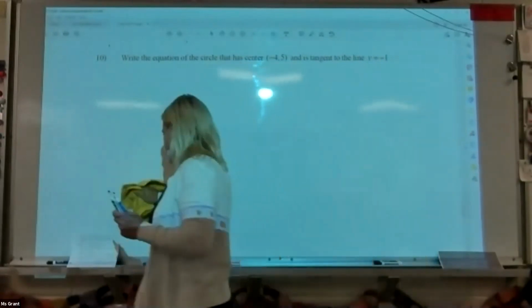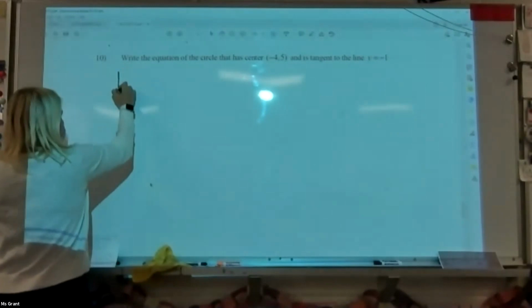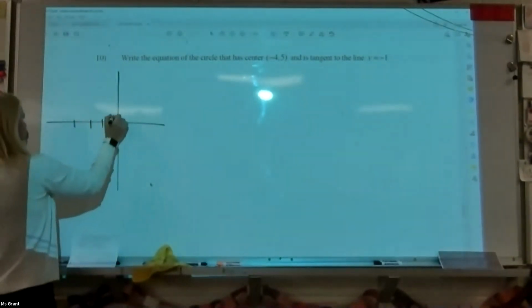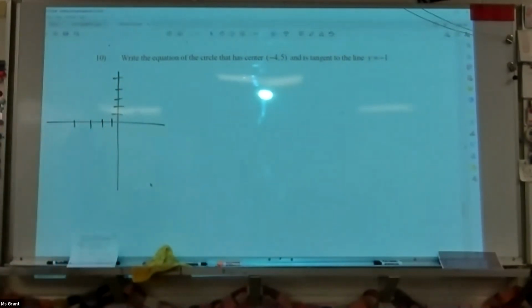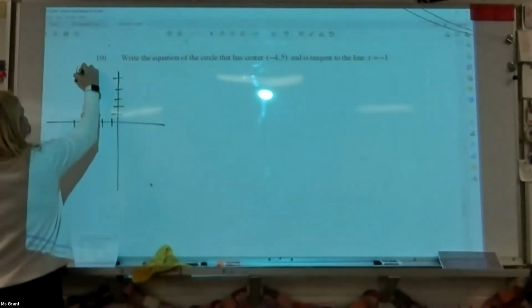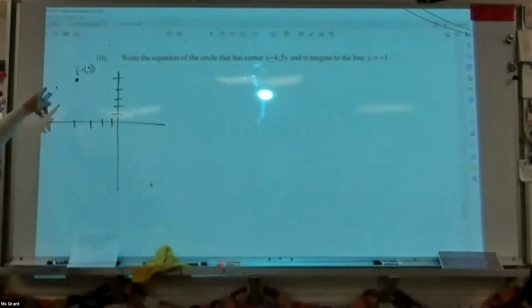So, if I were to give this a quick sketch, doing my best to equidistant it out, kind of. There is negative 4, 5. That is the center of my circle.